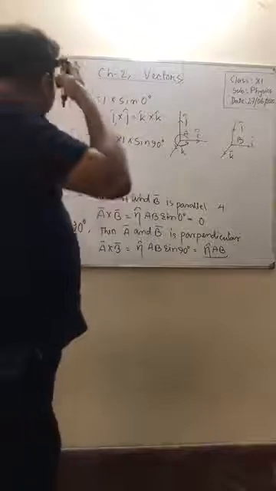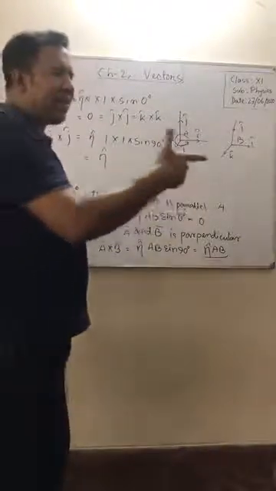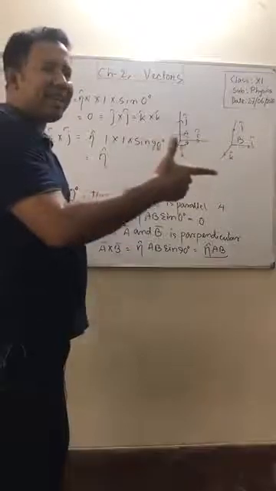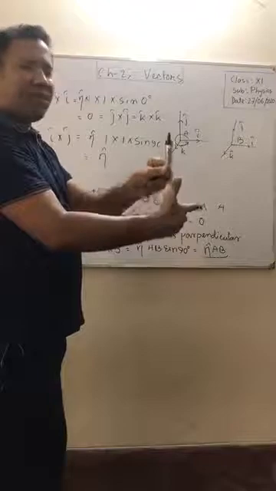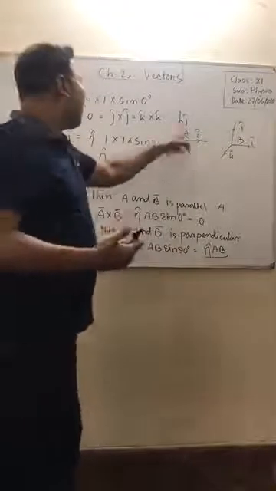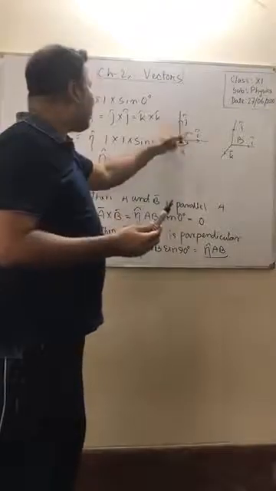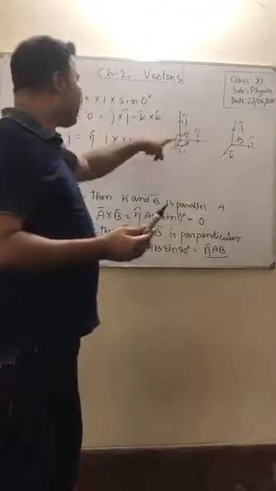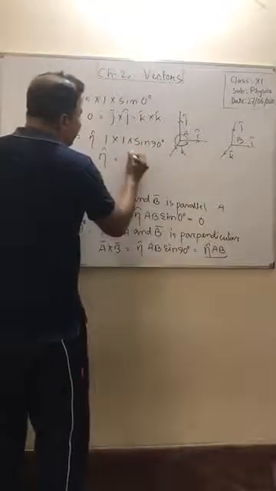But you see that i cross j, when the i and j plane lies here, there is another unit vector that lies here. Our result comes in a unit vector. So i and j, another vector lies here which is perpendicular. Here i and j are 90 degrees, and the vector perpendicular to them is k. So i cross j equals k.